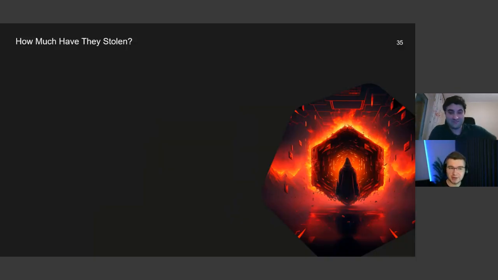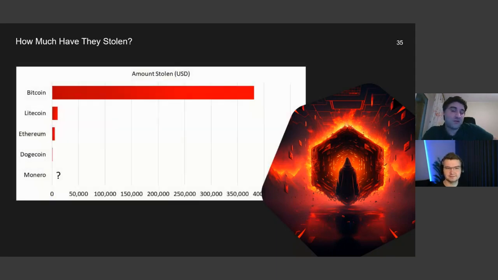Important question: how successful were they? If we look at how much they stole, well, we mentioned that we've seen more than 26,000 wallets, and we have collected those wallets. We have collected transaction IDs from those wallets, which likely reveal how much the attackers stole up until we did our research.